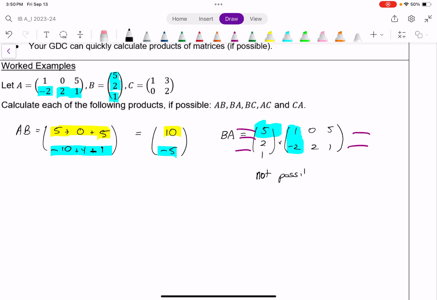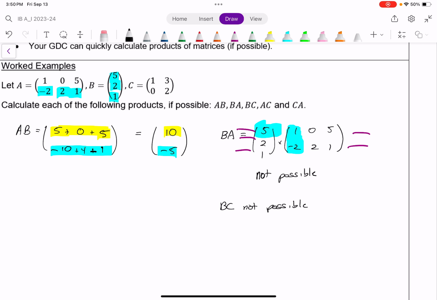Unlike multiplication with real numbers, the order matters. A times B led us to here. B times A was not even possible. So a lot more to think about than just multiplication of real numbers. And we'll see the same problem with BC. BC will not be possible.